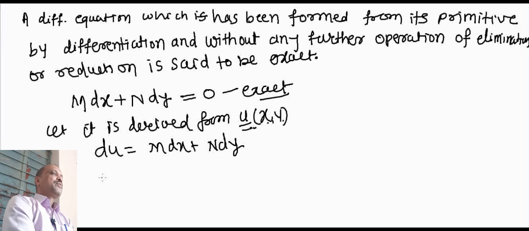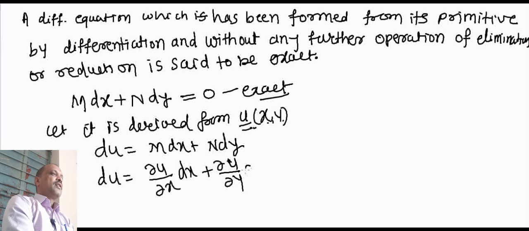So du equal to M dx plus N dy, but we know that the total derivative of u equals del u by del x into dx plus del u by del y into dy.